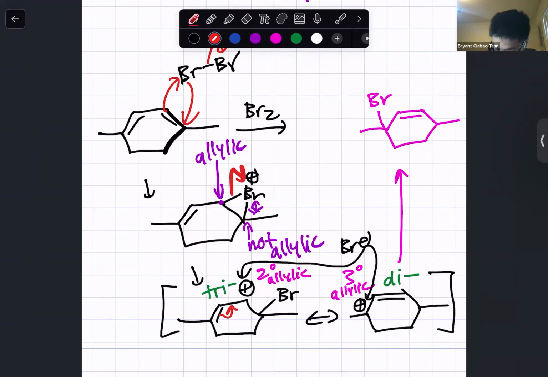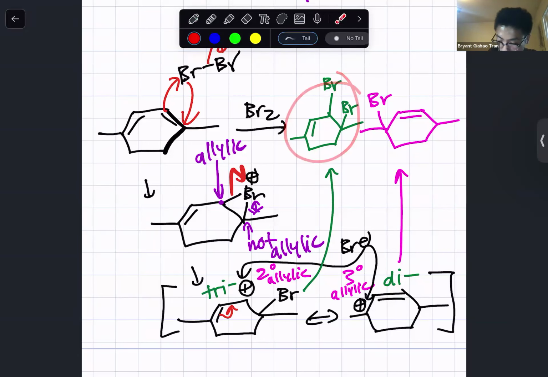If you had high temperature, then you would draw out this thermodynamic product here, which gives us the more stable double bond. Like that. Thermodynamic because we have the more stable double bond. Kinetic product because it came from the more stable carbocation here.